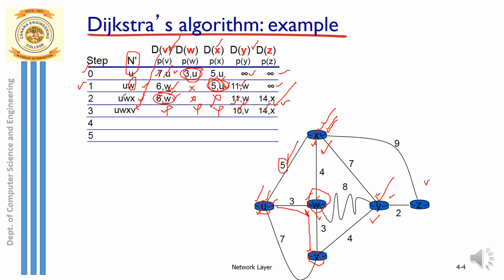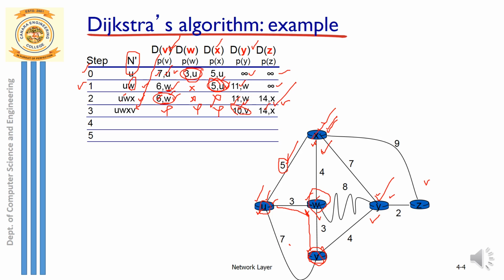Okay, sorry. So I have one shortest path, that is from node u to y. So from node u to y, the shortest path I have here is 10 via the node v. So is it right? So u to w I have 3.